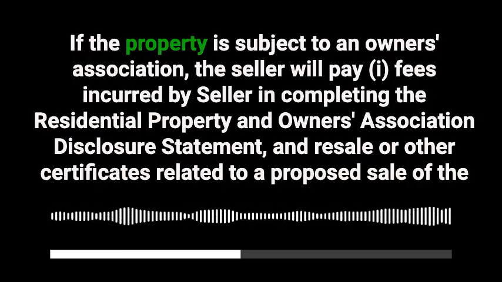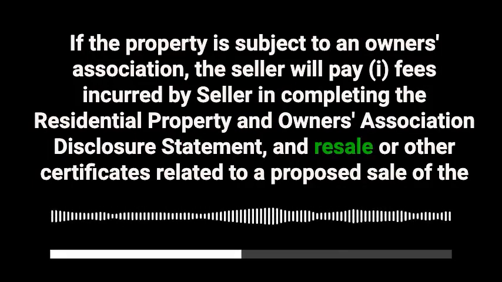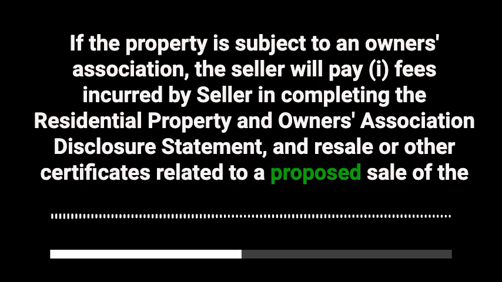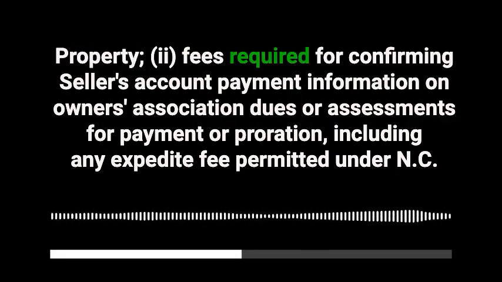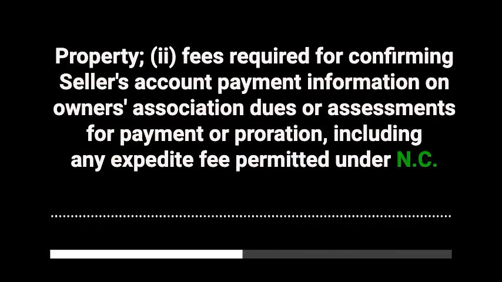Owners association fees, charges. If the property is subject to an owners association, the seller will pay fees incurred by seller in completing the residential property and owners association disclosure statement, and resale or other certificates related to a proposed sale of the property. Fees required for confirming seller's account payment information on owners association dues or assessments for payment or proration, including any expedite fee permitted under N.C. Gen.